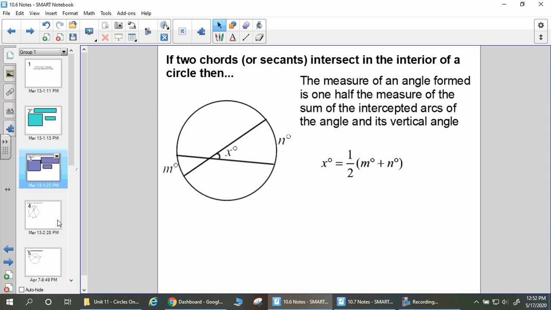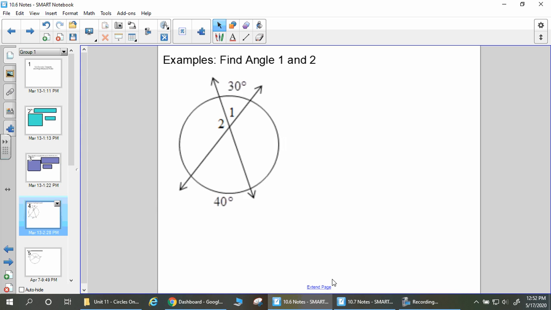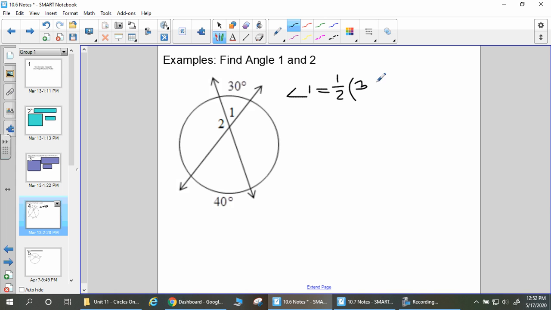Okay, so in this picture, they want me to find angle 1 and angle 2. Angle 1 is going to equal 1/2 times, and we're going to add the 2 arcs together. Angle 1 makes this 30-degree arc, plus, going out the other side, we have a 40.